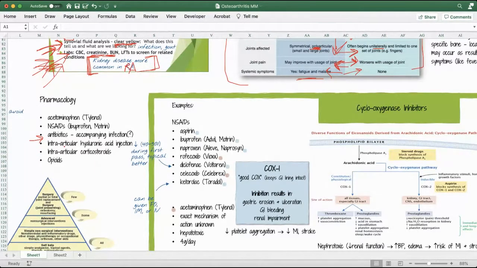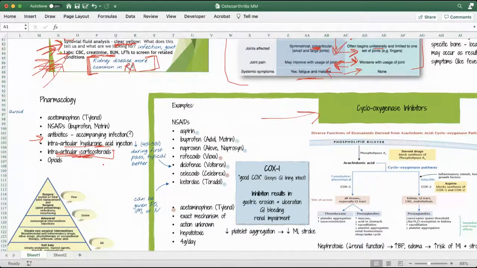These are intra-articular injections, like a corticosteroid injection. They're directly into the joint. So if we inject corticosteroid right into the joint, it's going to work right in that place.